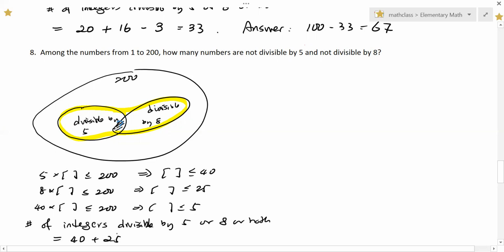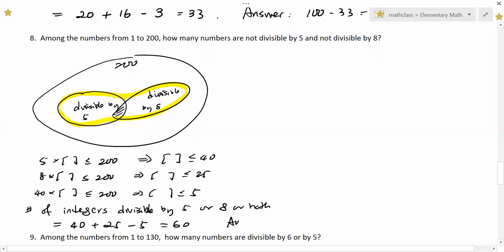But you have to subtract those integers double counted, which is 5, okay? So the answer here is 60, okay? And this is for the integers inside this smaller group, right? So my answer will be 200 minus 60, so 140, okay?